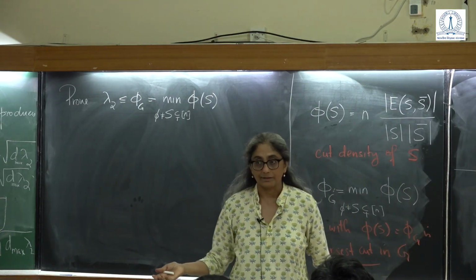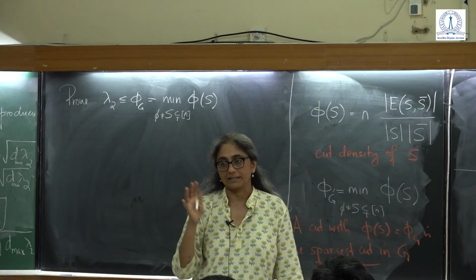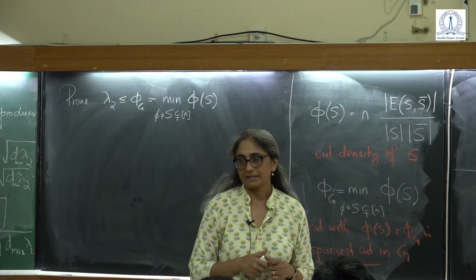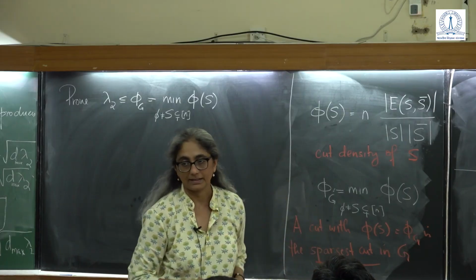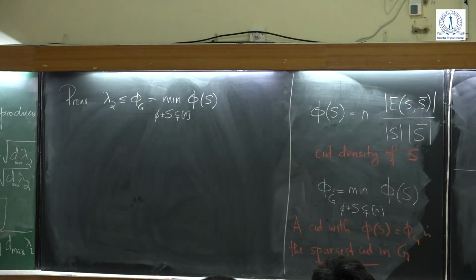Max cut is NP-hard. Sparsest cut is also NP-hard. It's a similar thing, but it's what we defined: you look at the ratio. Some people call it conductance, which is also similar. It's sort of controlling information passage through networks.